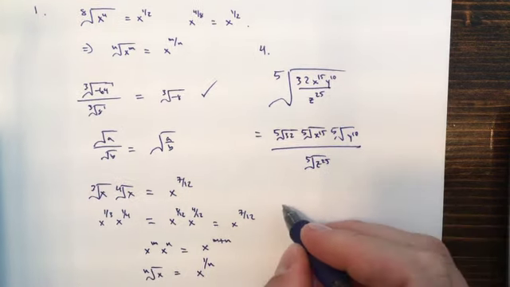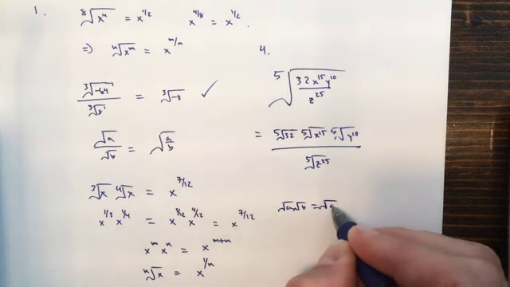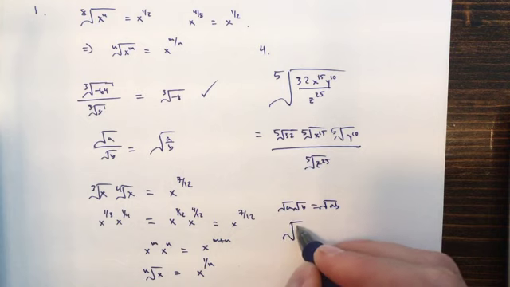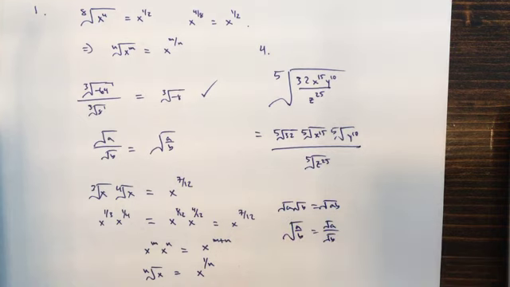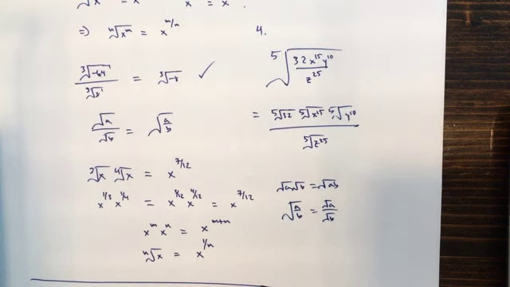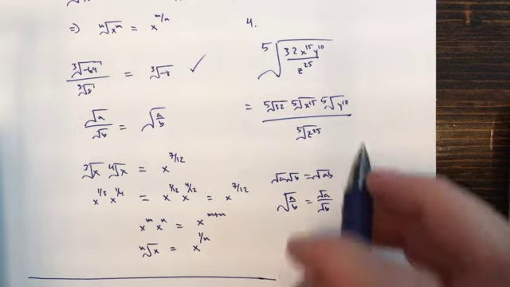That is using the properties that a radical a times a radical b is equal to radical ab, and that the radical of a divided by b is equal to the radical of a divided by the radical of b. So if you have roots with multiplication inside, you can break them up if you want.